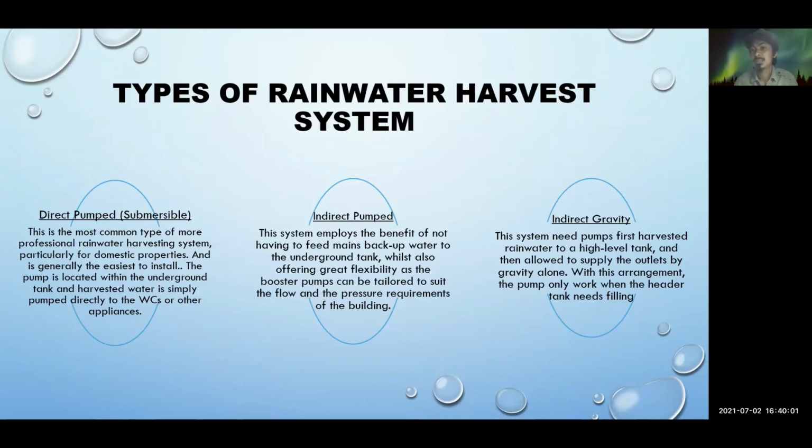The third one is indirect gravity. Indirect gravity is normally a combined system to transport the water supply going up to the high area, for example the high line, where we place our storage before we flow using gravity. So this one normally we use a pump.